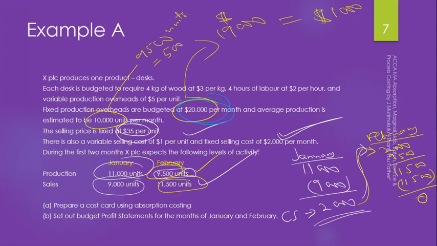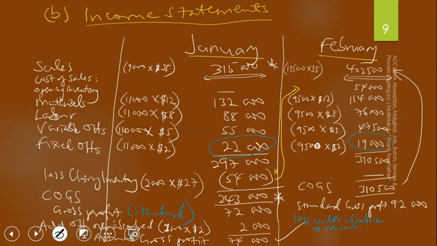Multiply by the overhead absorption rate, which we determined as $2. So we are still going to come to $1,000. So we simply say under absorption was 1,000.